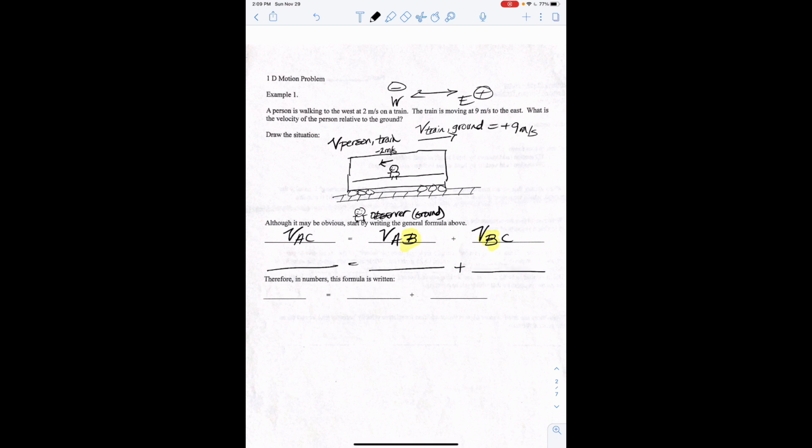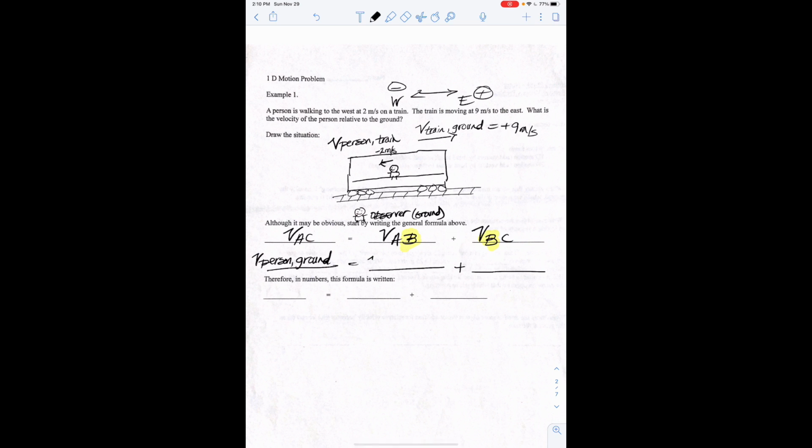So then we would have the velocity of the person, which is on the train, relative to the ground, is equal to, now we've got to have a third object. What's that third object going to be? Well, we have the person, we have the ground. Ground is the same as the observer. So really the third object's got to be the train.